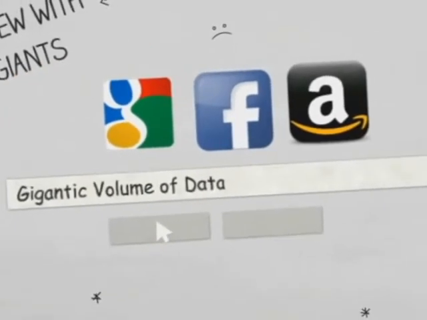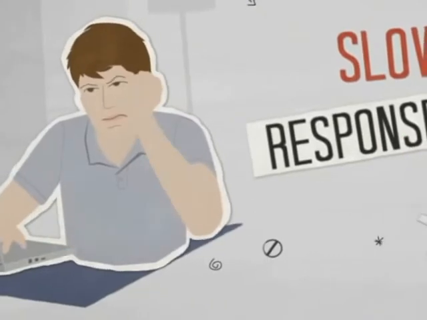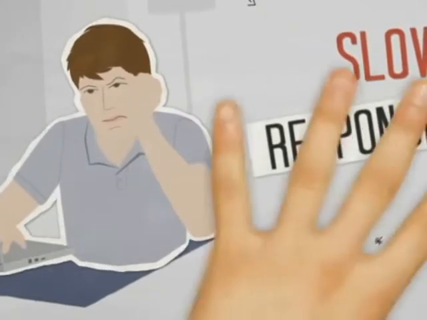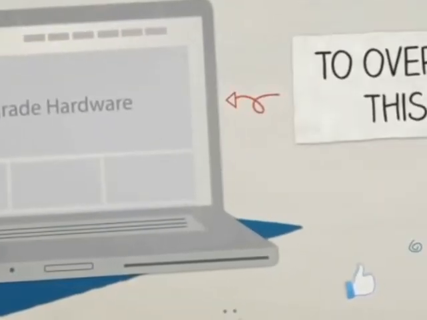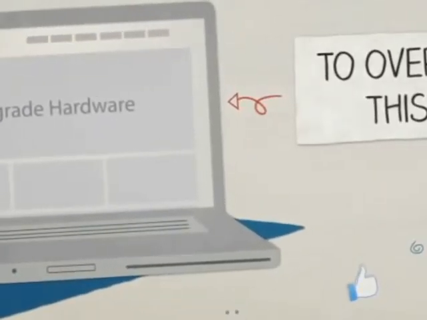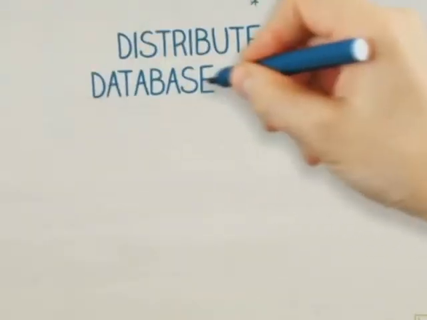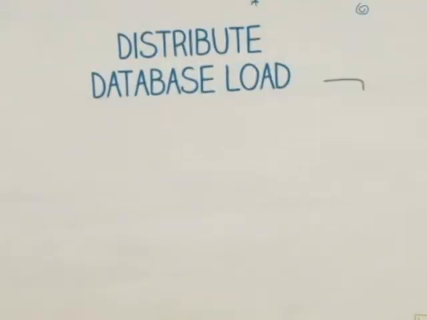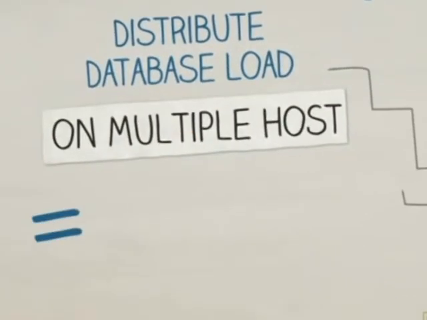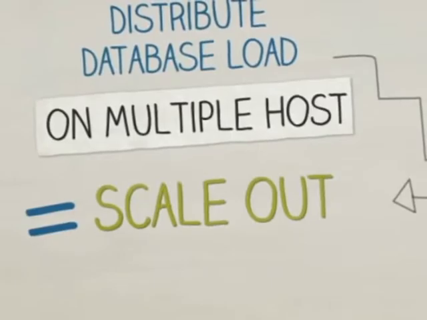When you use a relational database for massive volumes of data, the system starts getting slow in terms of response time. To overcome this, we could, of course, scale up our systems by upgrading our existing hardware. The alternative to the above problem would be to distribute our database load on multiple hosts as the load increases. This is known as scaling out.